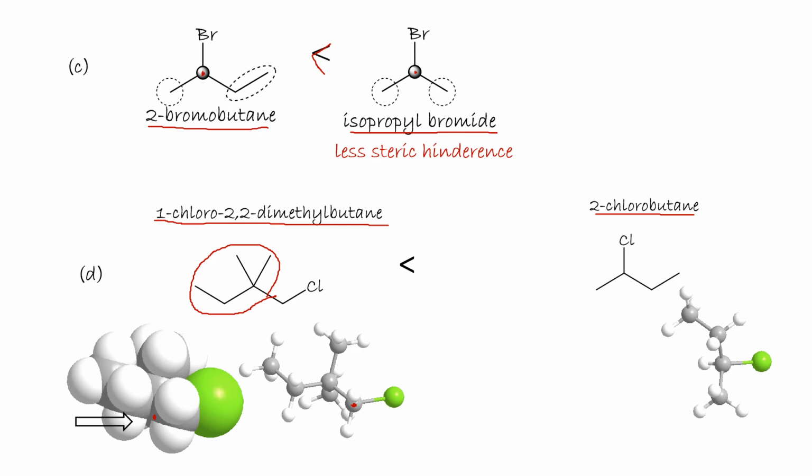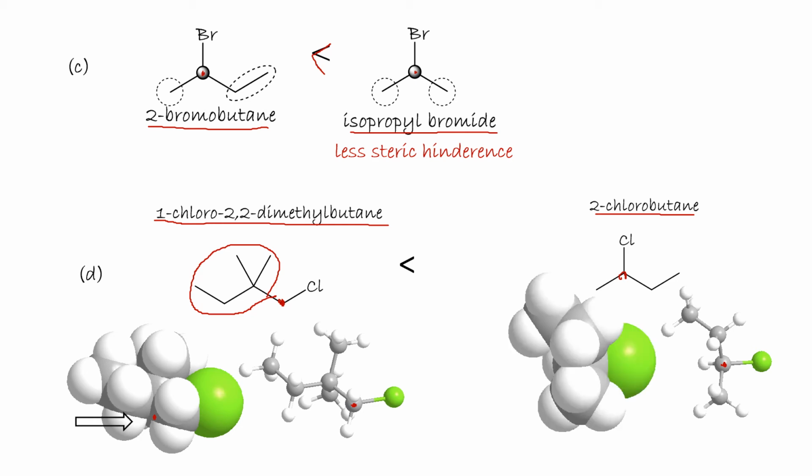On the other hand, even though this is primary and this is secondary, you can see this carbon is easy to be attacked. Let's see the ball and stick model. You can see that this carbon can be reached. That's why the 2-chlorobutane will be a better substrate than 1-chloro-2,2-dimethylbutane.